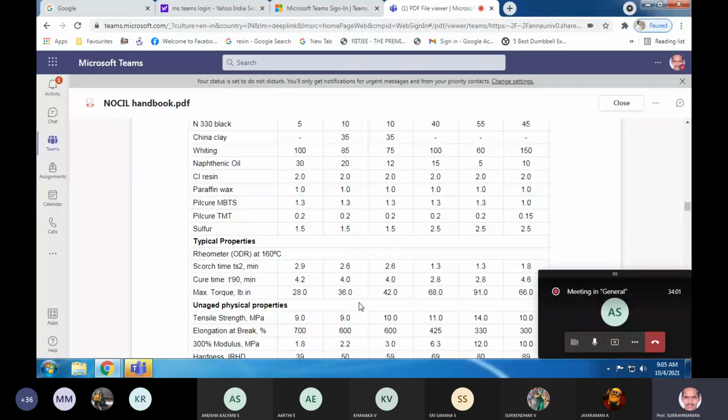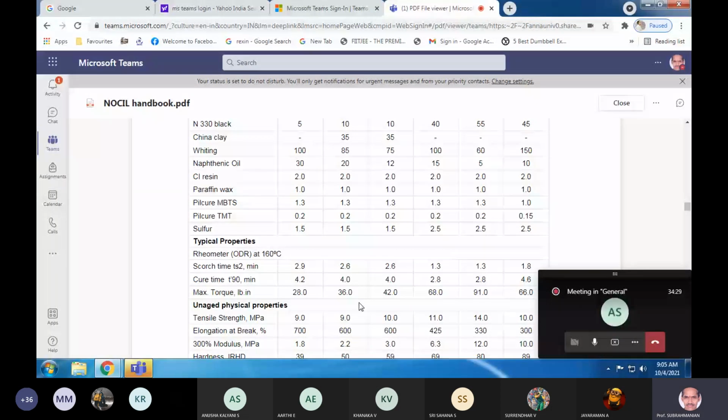Okay? And finally comes the cross-linker, namely sulfur. MBTS 1.5, TMTD 1.5, sulfur 1.5. So wherever you have the cross-linker and the accelerator of an equal dosage, it qualifies as a semi-EV.